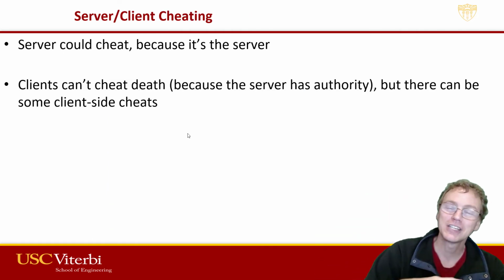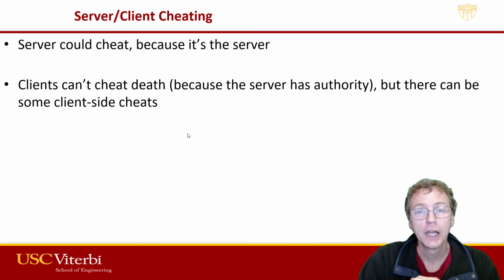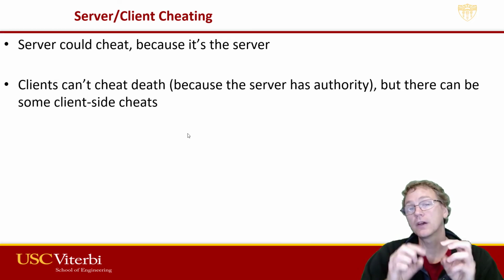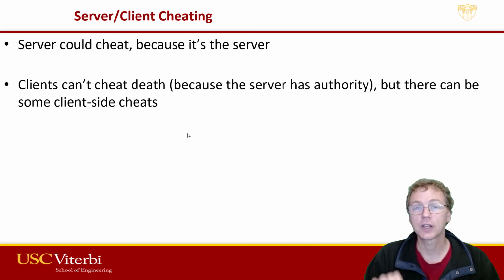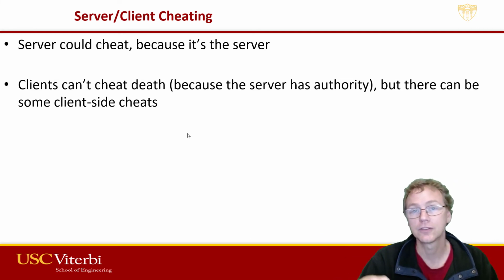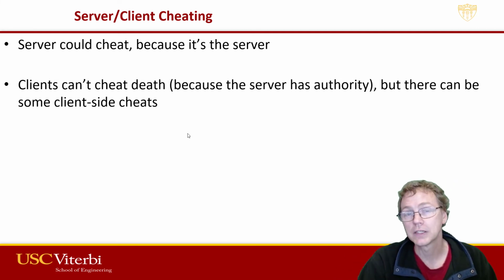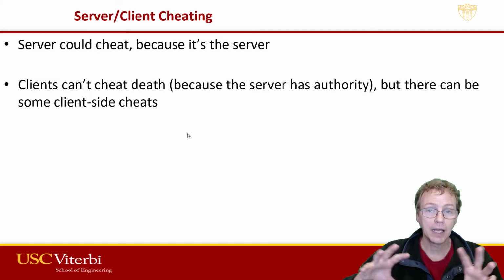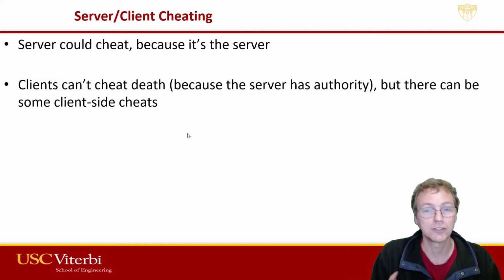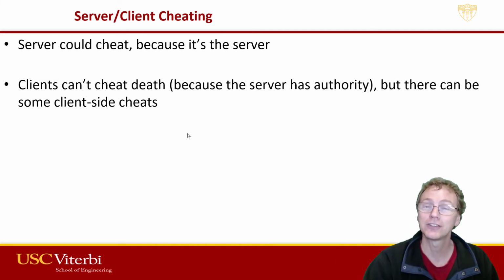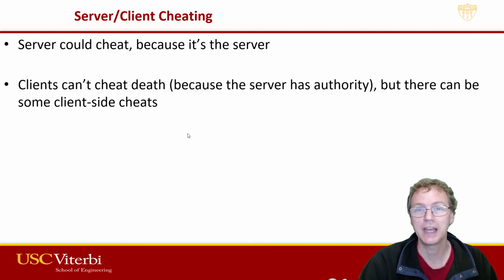One of the things I mentioned about peer-to-peer is that with peer-to-peer authority, it gives the individual clients in the system the ability to cheat. Because if I hack my own personal client just a little bit, I can send a message that is a huge advantage over the system.